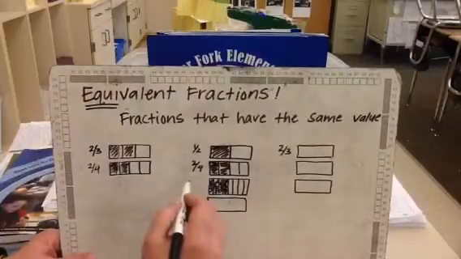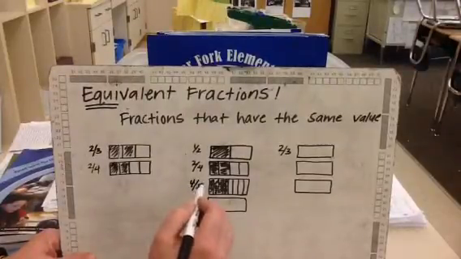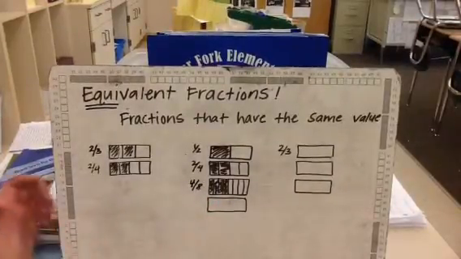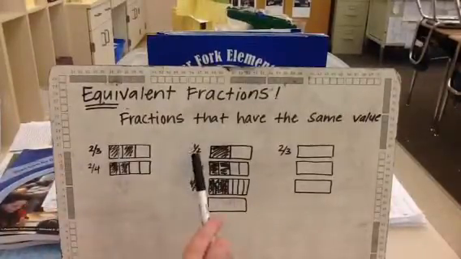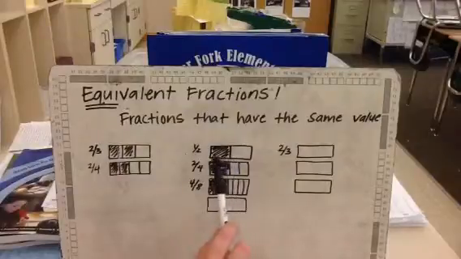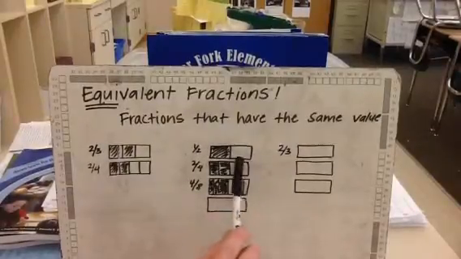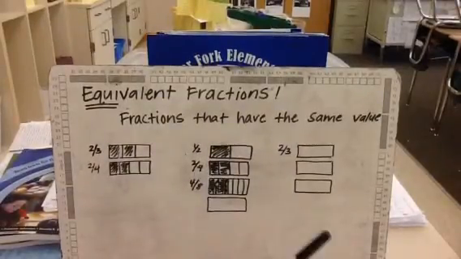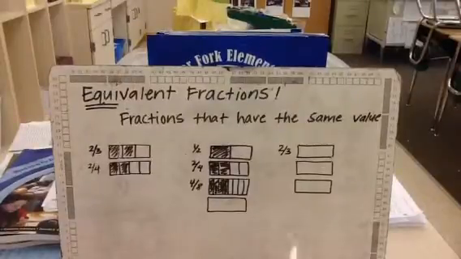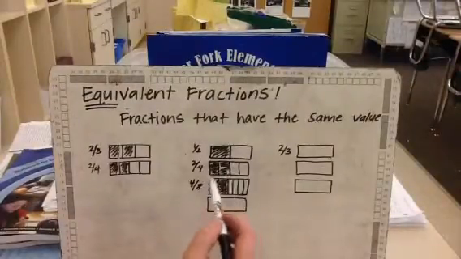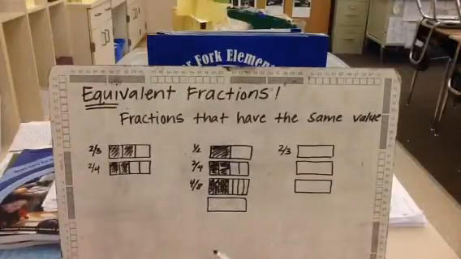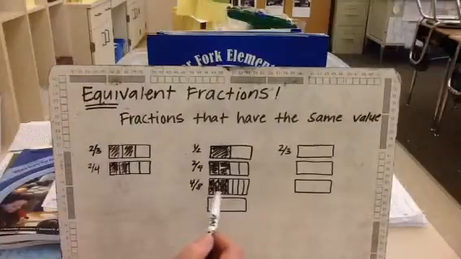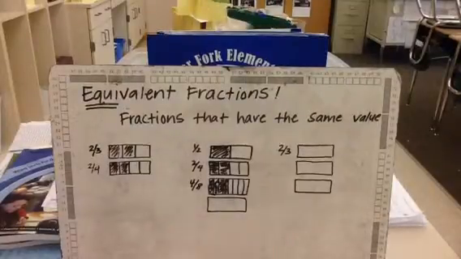And here I can see that 4/8 has that same amount that is shaded in. Also, halves means two equal parts, so I have one part shaded, one part not shaded. In 2/4, I can look at it also as two equal parts because I have two parts shaded, two parts not shaded. In my eighths, I can also look at it as two equal parts, four parts shaded, four parts not shaded.